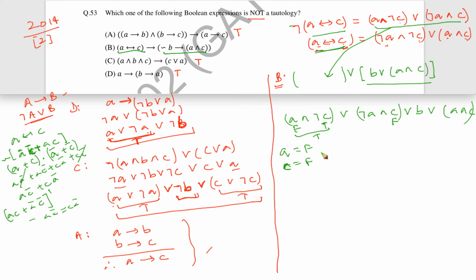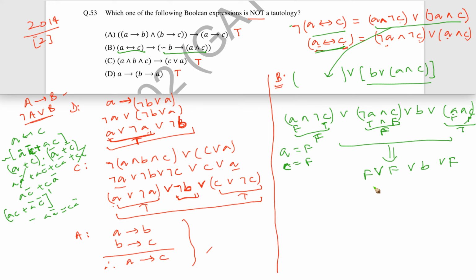Similarly, A is false, but not A is true. True and false, again this thing is false. So this thing is false, this thing is false. Now see, A and C is false and false, so this will also be false. So this entire thing is basically false or false or B or false.